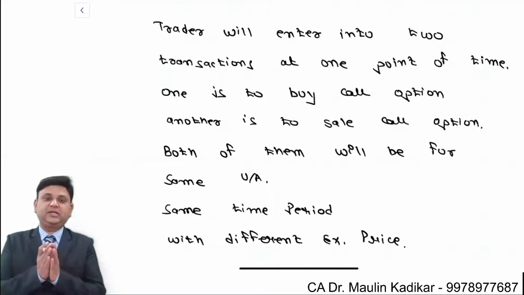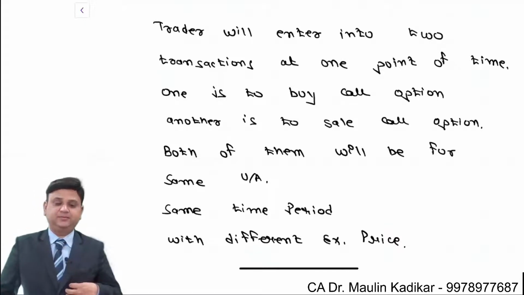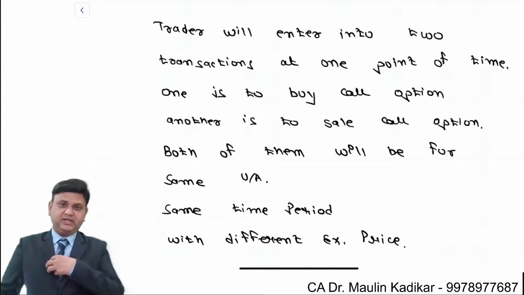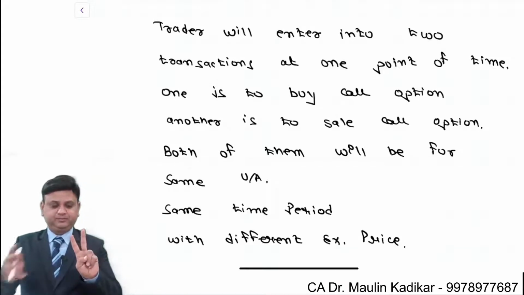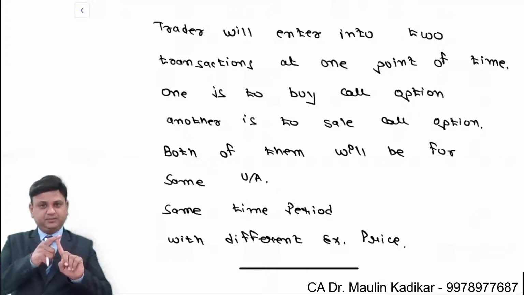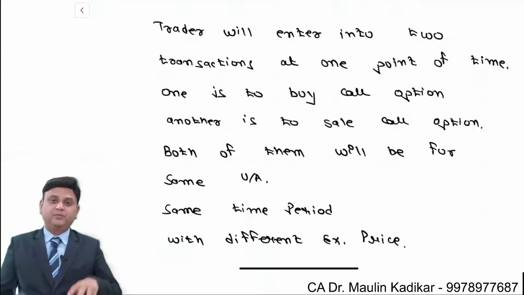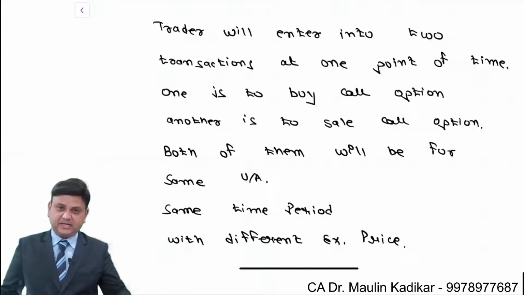So friends, over here in case of vertical spread strategy, the trader will enter into two transactions at one point of time. One is to buy the call option, another is to sell call option. Both options will be for the same underlying asset. It will be for the same time period with a different exercise price.